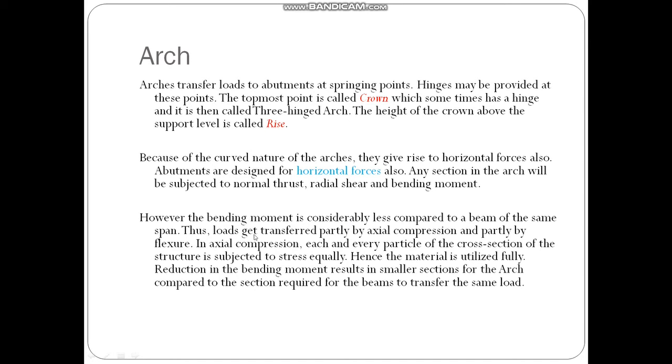Thus, loads get transferred partly by axial compression and partly by flexure. In axial compression, each and every particle of the cross-section of the structure is subjected to equal stress. Hence, the material is utilized fully. Reduction in the bending moment results in smaller sections for the arch compared to the section required for beams to transfer the same load.